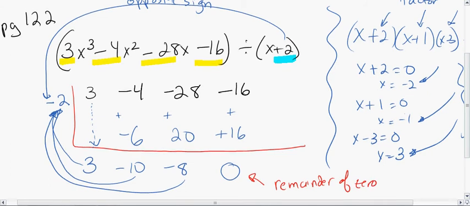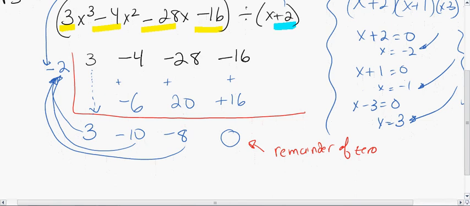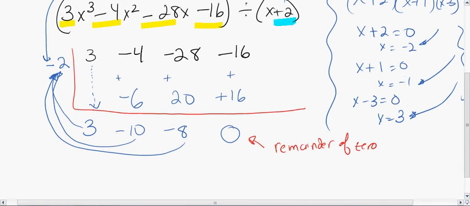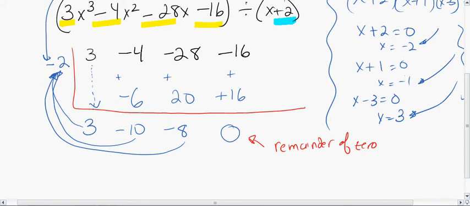All right, my only last step is to actually write my answer. And when I was doing the problem, I took out all the x's. Well, now I'm going to put the x's back in. And when I do that, I'll remember that I was dividing, right? So let me just write down my factors here. I was dividing, and that meant I went down a power of x.